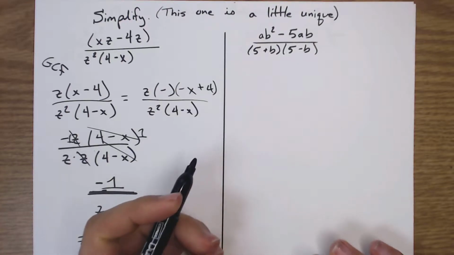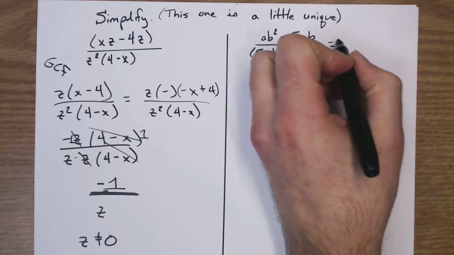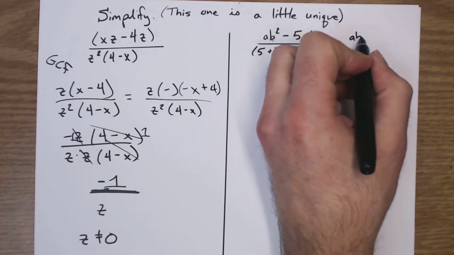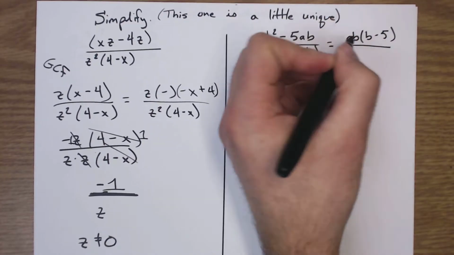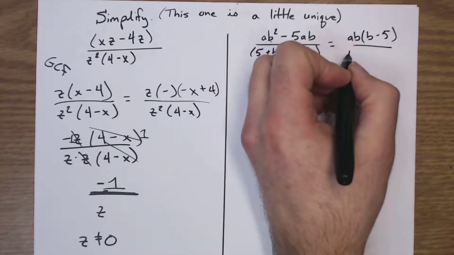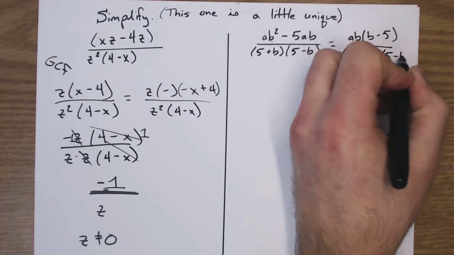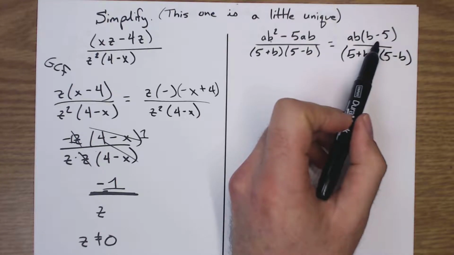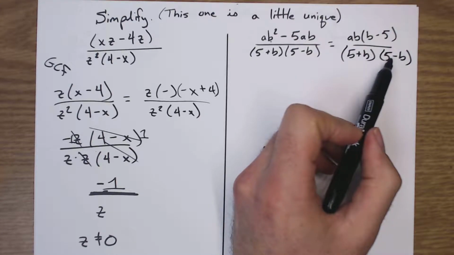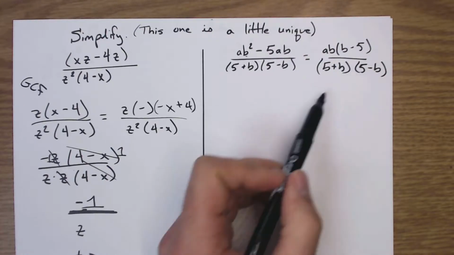Let's do this other one. I'm going to go a little bit quicker now. We can factor out an a and a b here. So a and b, I'm left with a b minus 5, my denominator, 5 plus b, and then 5 minus b. Again, these all look a lot alike, but I'm going to do this one over here, and I have to factor out a negative again, just like I did over here.